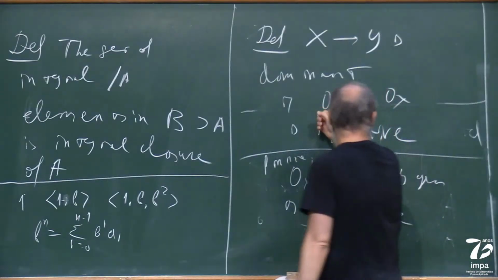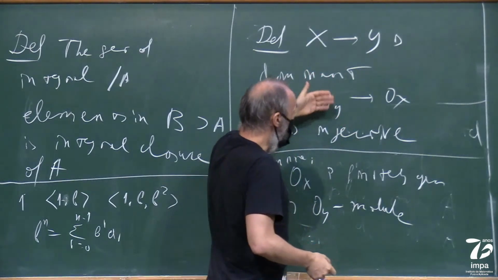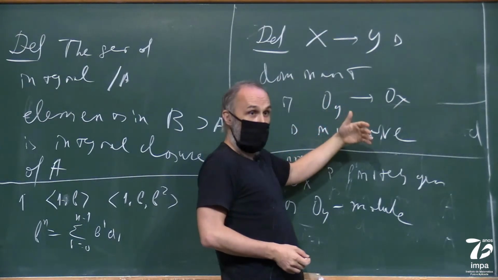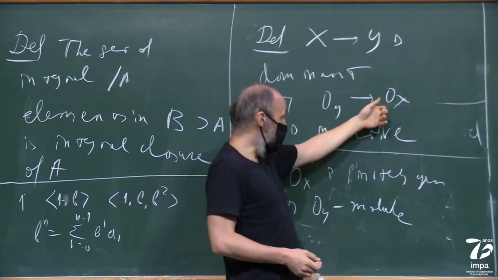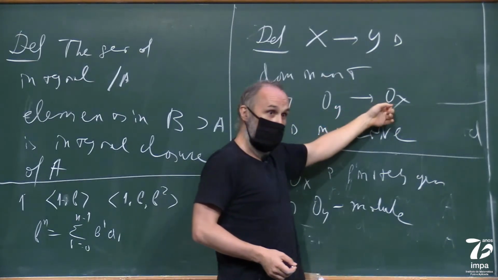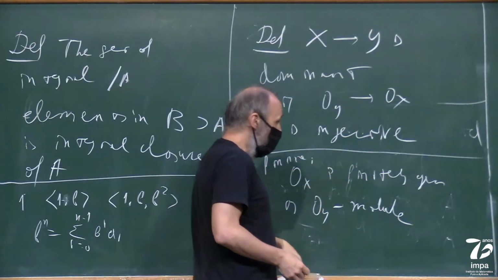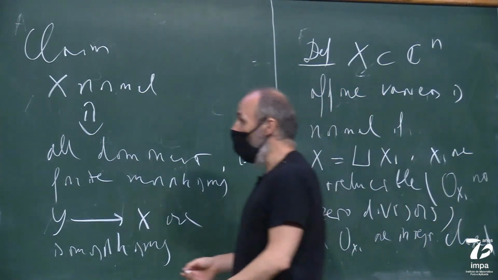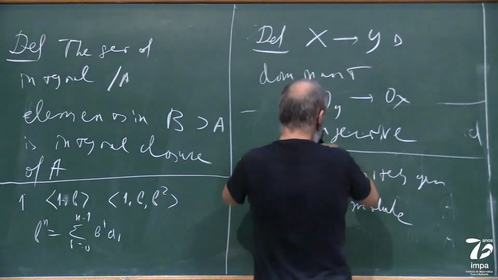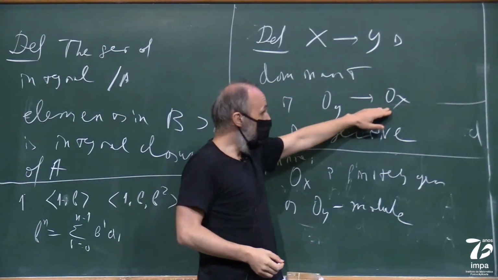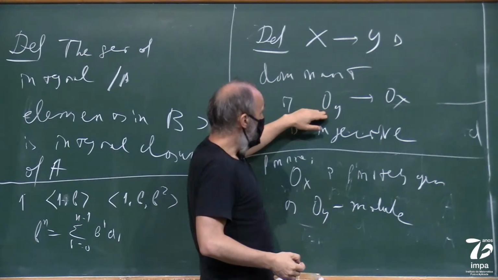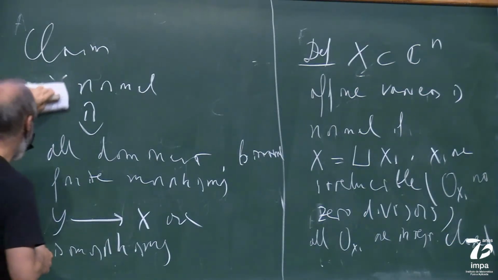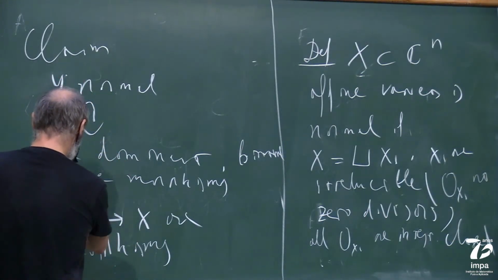So your O of X is some subring in the fraction field containing O of Y. And then if it's finite, this means that it is finitely generated as an O of Y module. And this means that if O of Y was integrally closed, this means that here we have X to Y, so let's write here Y. Otherwise it becomes a mess.